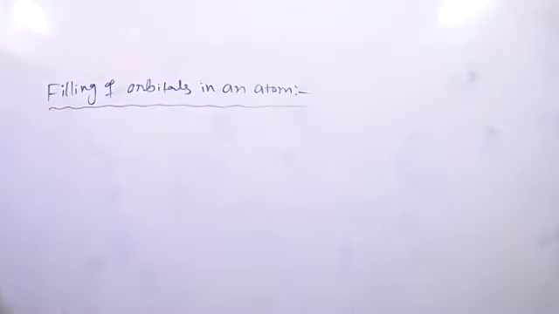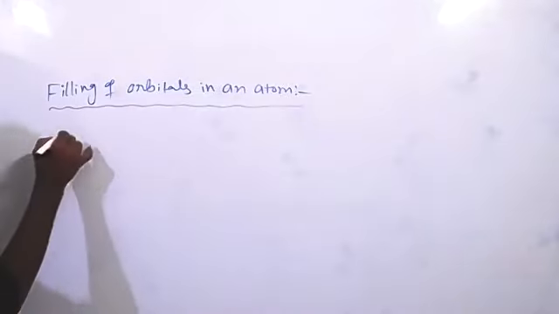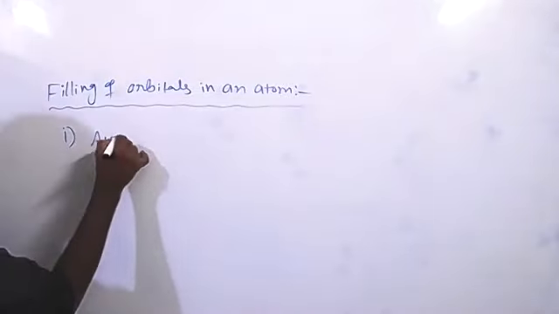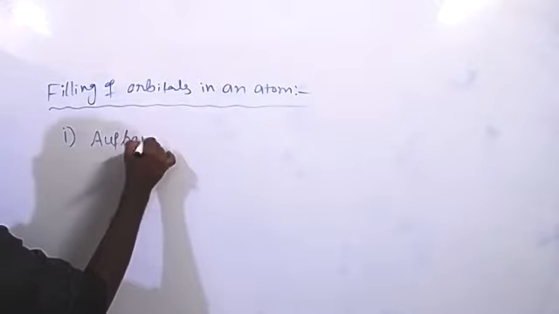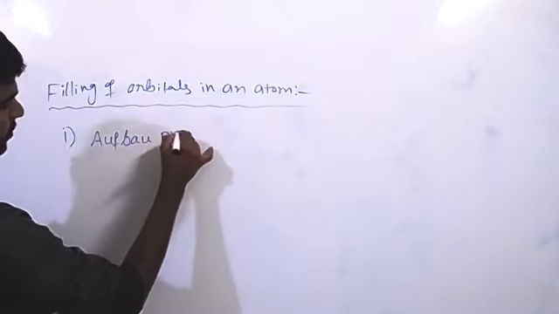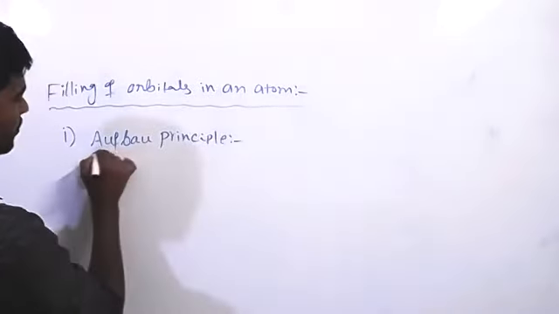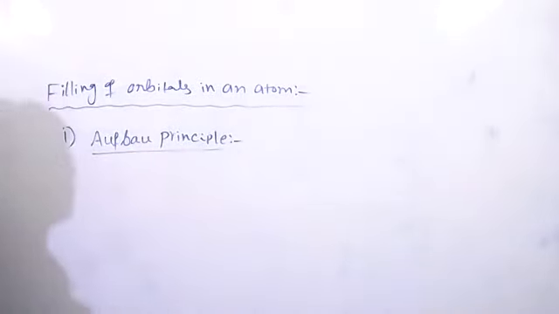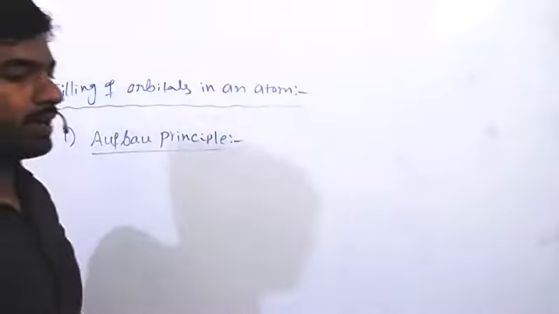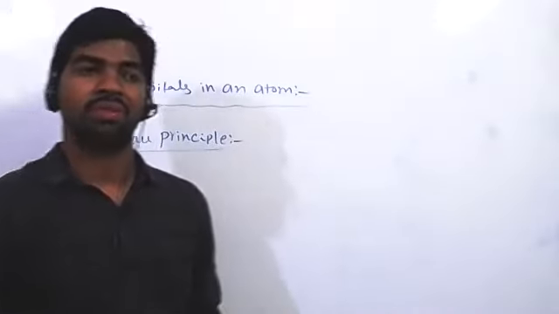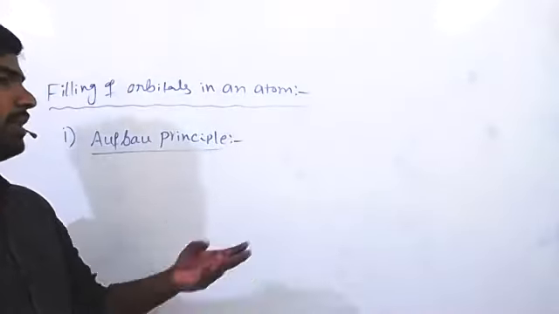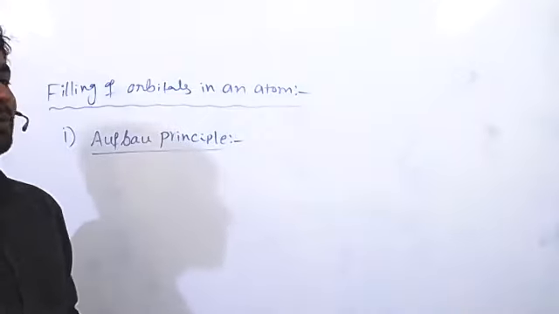First one is Aufbau principle. How to fill electrons in the orbitals of an atom is explained by 3 rules. The first rule is Aufbau principle.